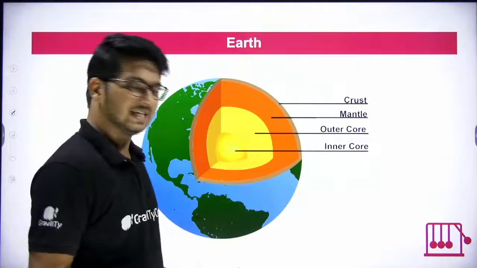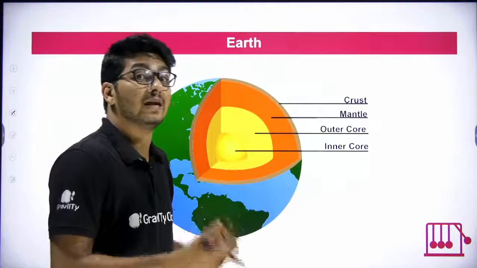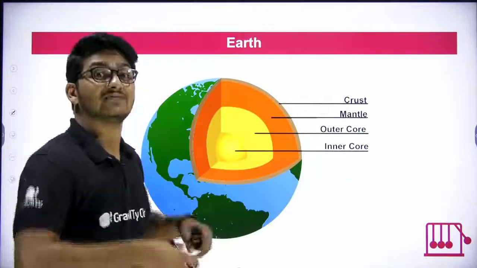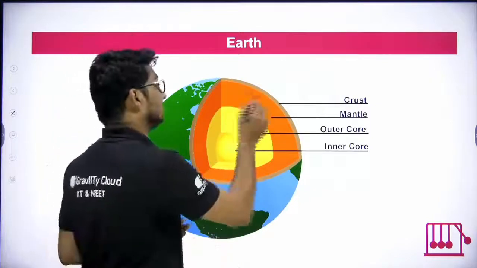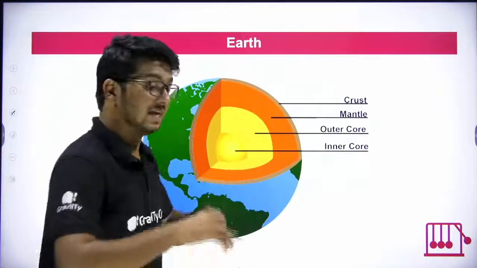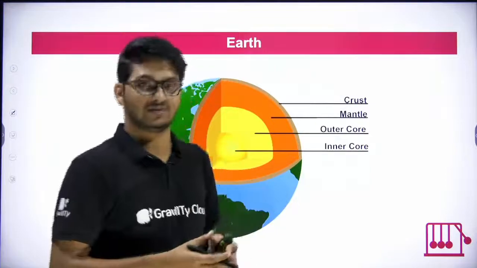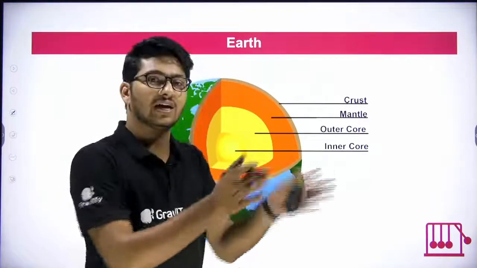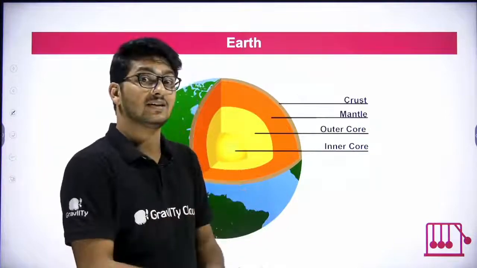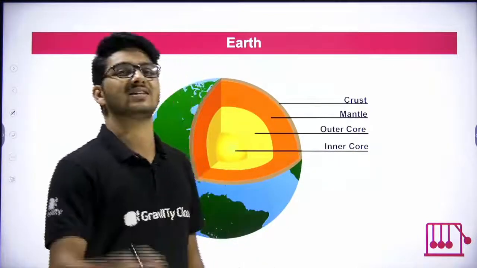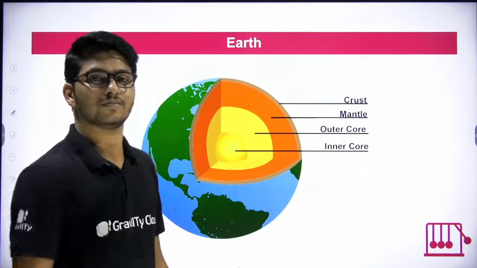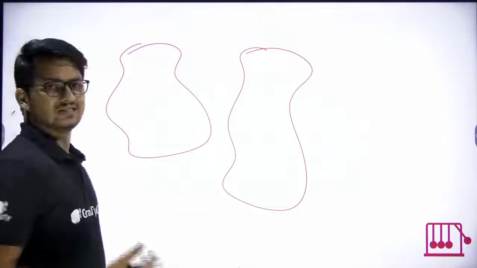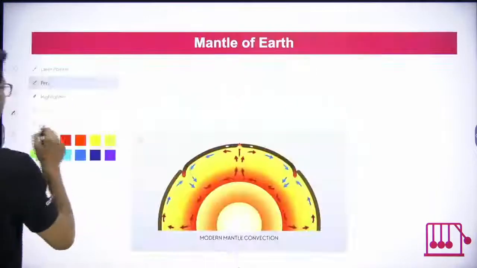The ground that we can see, that we stand on or build buildings on, is like a ship or a boat floating on the mantle. The crust is made up of different ships, so when two parts collide, they shake, and that shaking is nothing but an earthquake.